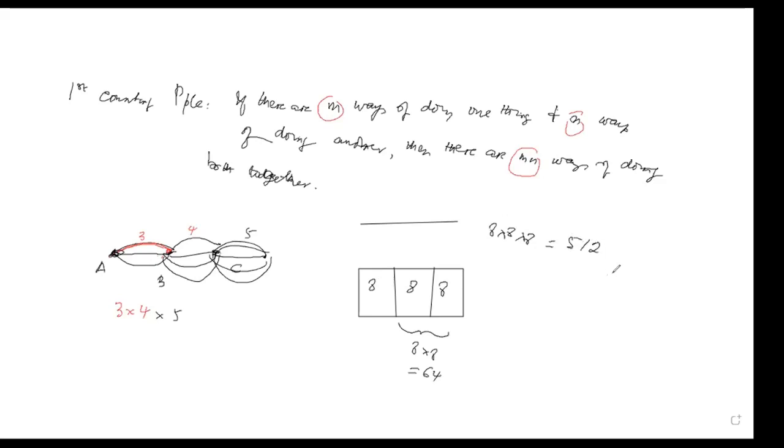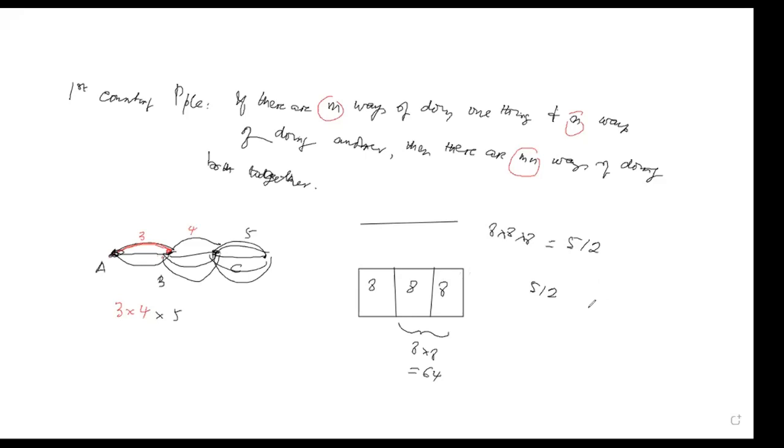So there are 512 numbers which have the property. Remember, 0 is also included because 0 is amongst these 512, because it doesn't have a 7 or a 9.